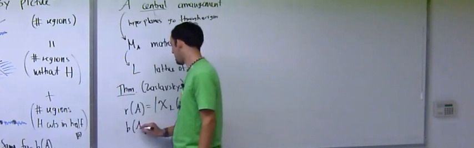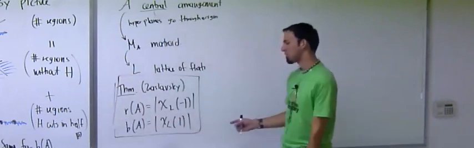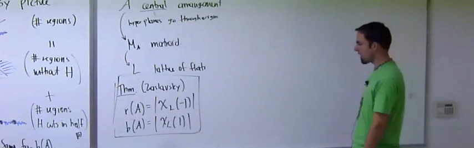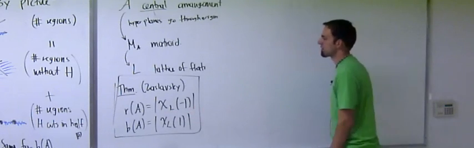And if you want the number of bounded regions, then you just compute the characteristic polynomial at 1. This is what we're after, that we can compute this geometric number combinatorially. And so what we're going to have to do for a little while is figure out the combinatorics of characteristic polynomials of lattices of flats. And that's the next thing we're going to do.